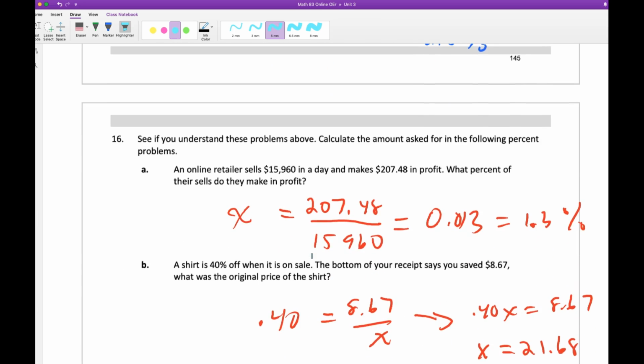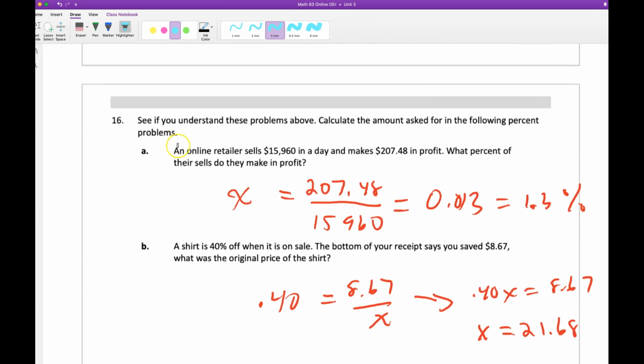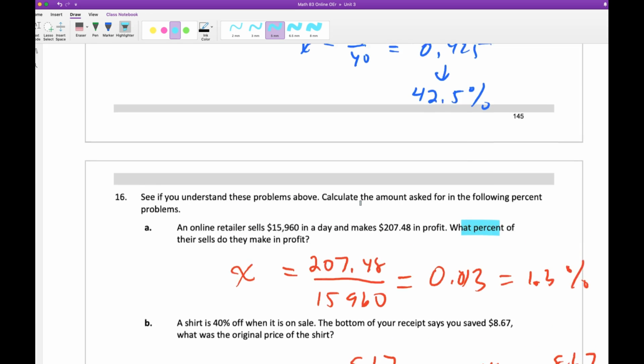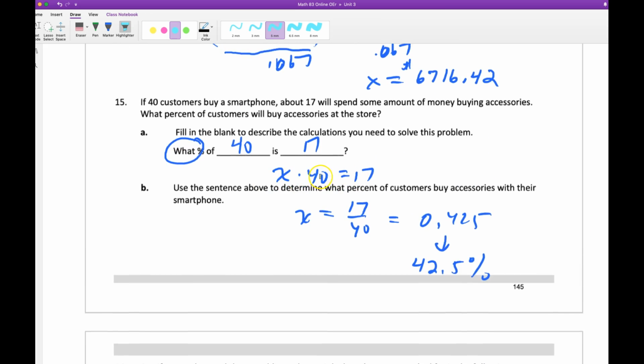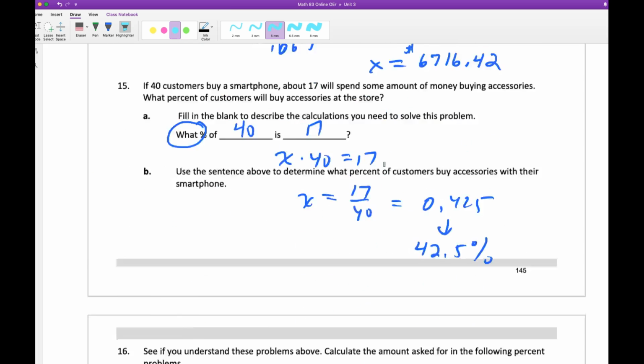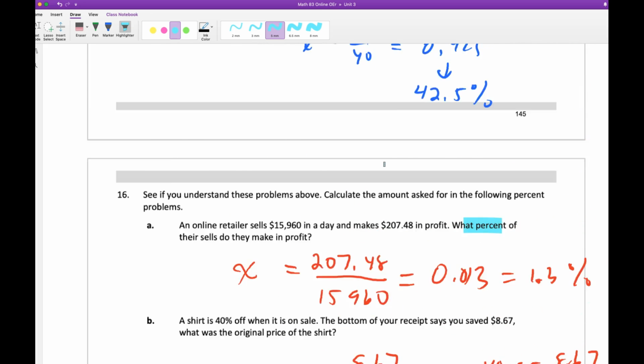And then just looking at some more problems here. You have this, what percent? We're looking for a percent, so you end up with this equation here. Again, you could use this type where you do x times something equals the amount and solve that equation, or you can write it as the fraction.